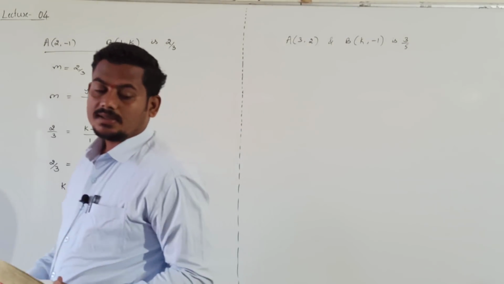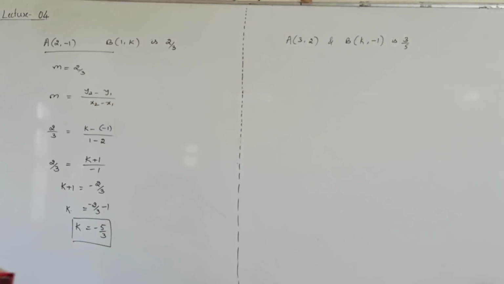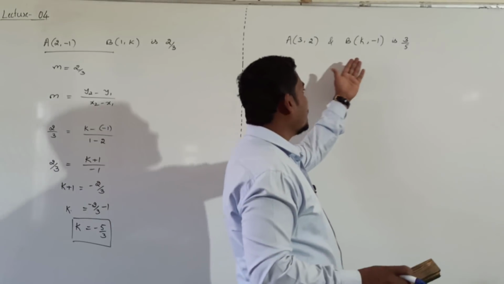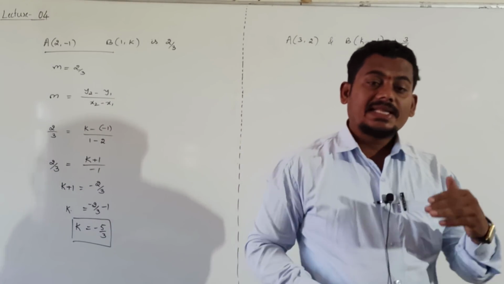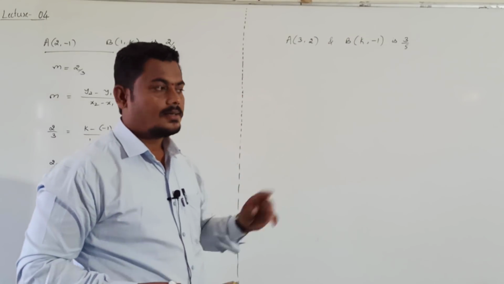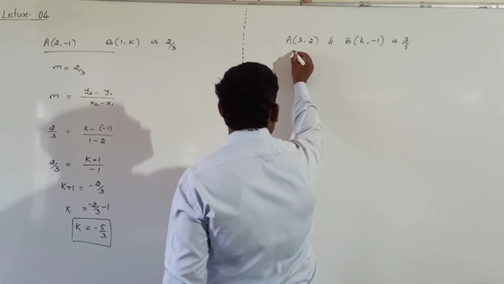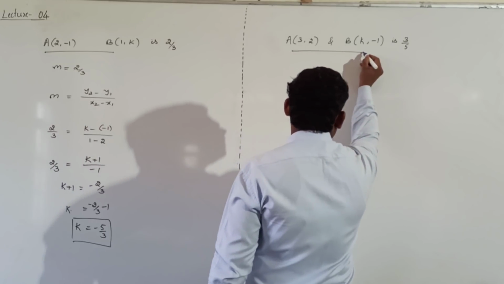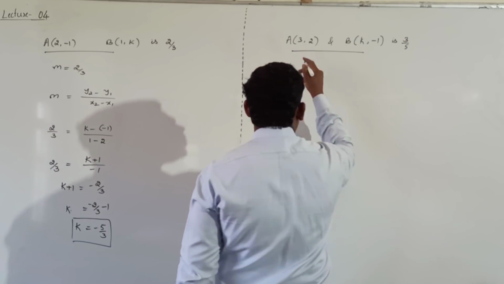What have they given? The slope of the line joining the given 2 points. The slope of the line joining AB they have given, that is 3 by 5. Then what is the k value, right? It is exactly the same as the previous one, right? This is line AB, its slope they have given.